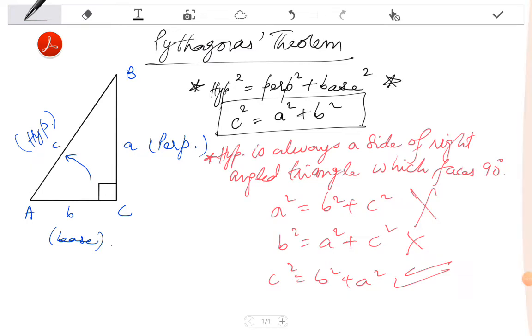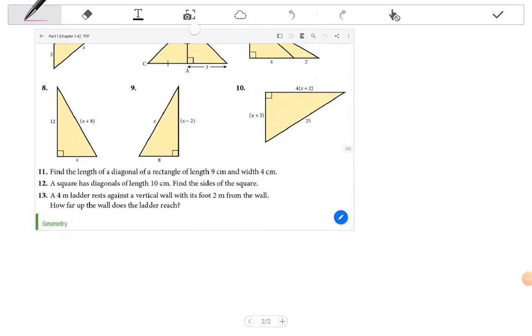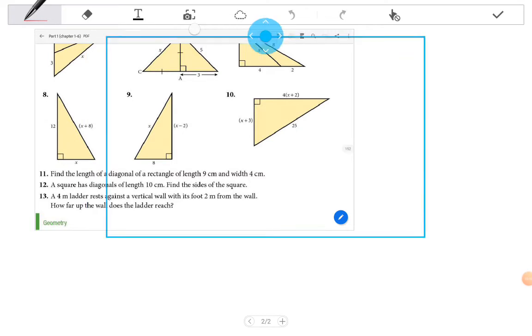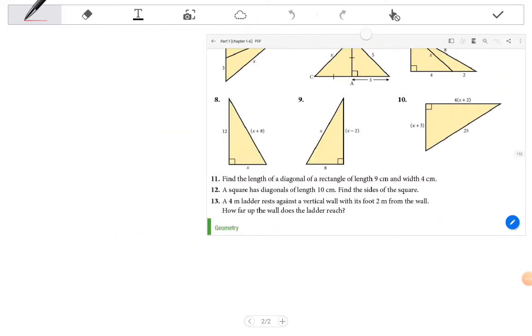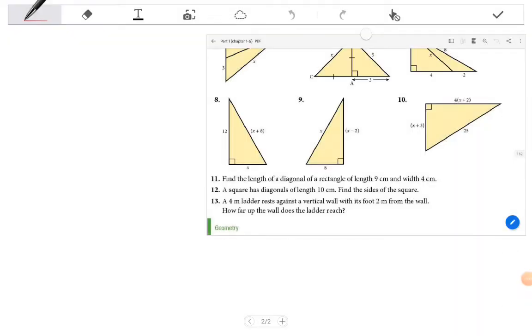Now we are coming to the exercise questions. We discussed question number 10. That was a symbolic representation, sides were given in symbolic form. So I should discuss it over here.